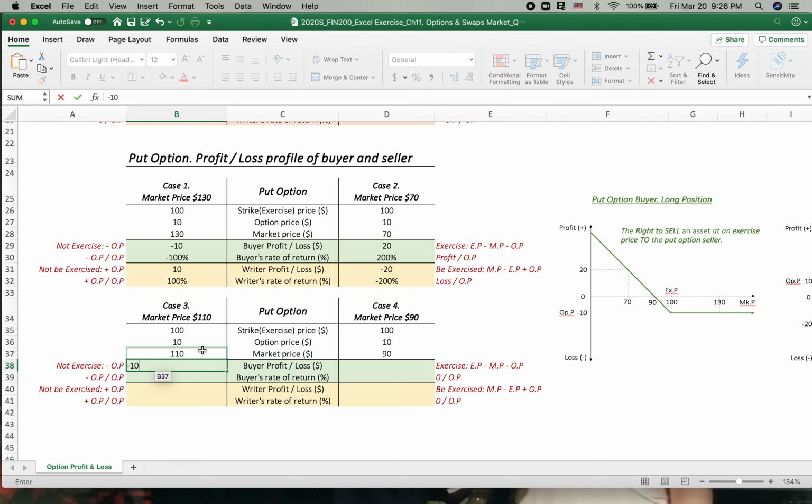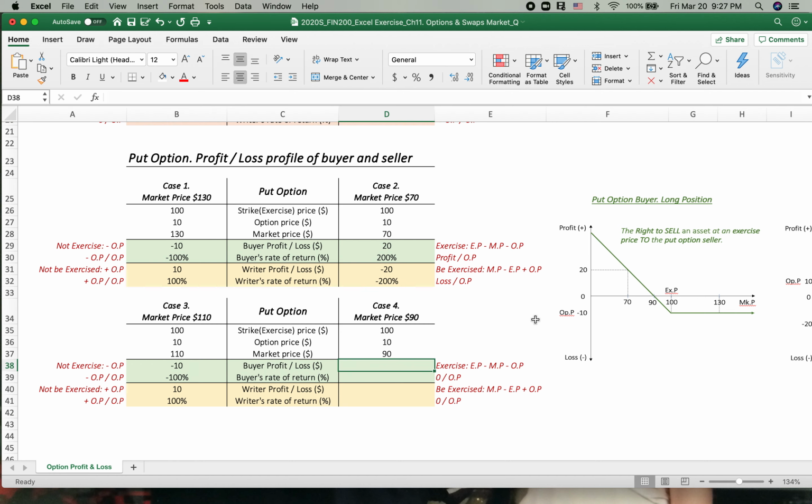So you just give up the $10 option premium, so minus $10 option premium you just lost, on an investment of $10 when you purchased the option. Because the put option buyer didn't exercise, the put option writer just retained the $10 option premium, so 100% is the profit, the rate of return.